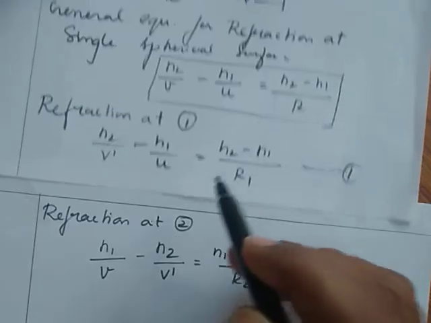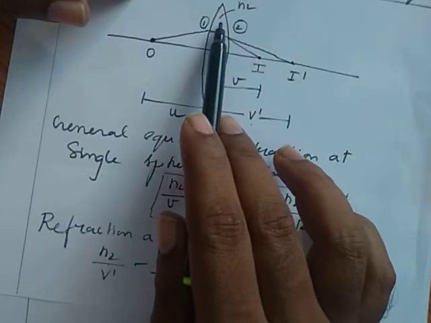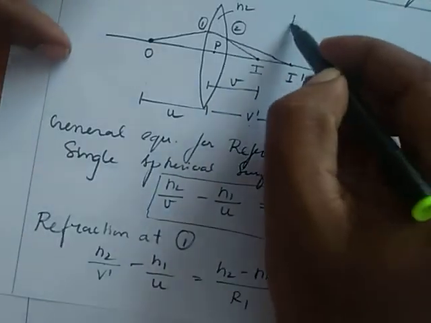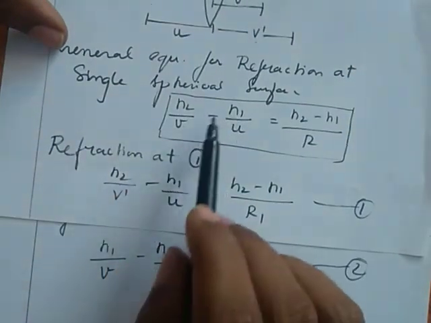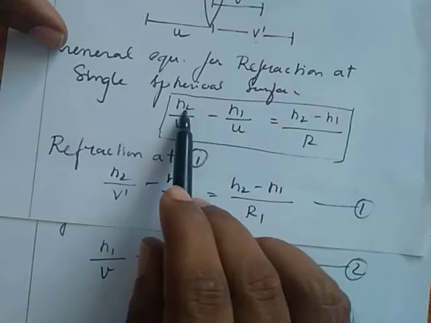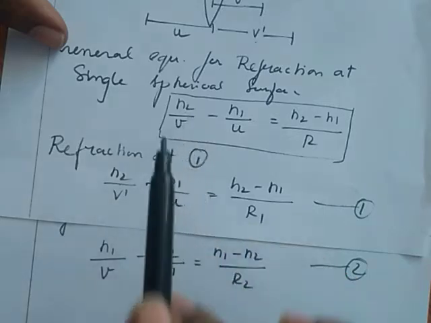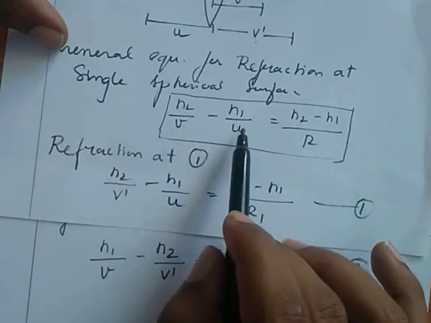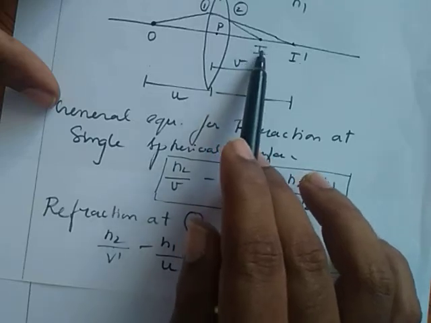At the second surface, the first medium is n2 and the second medium is n1. Rearranging, n1 becomes n2 and n2 becomes n1. Here v is alone, and u becomes v dash because this acts as the object for the second surface.